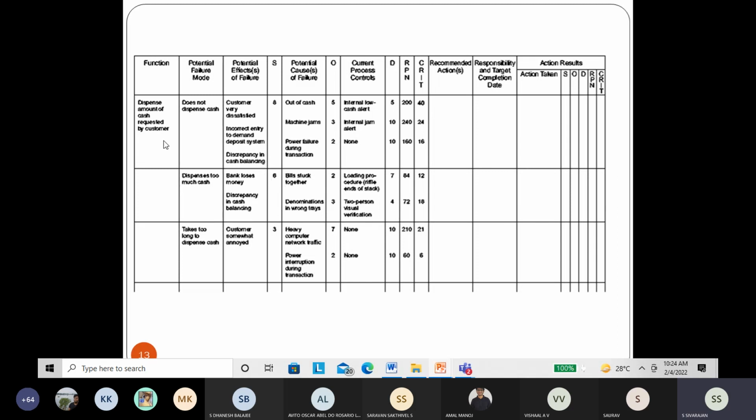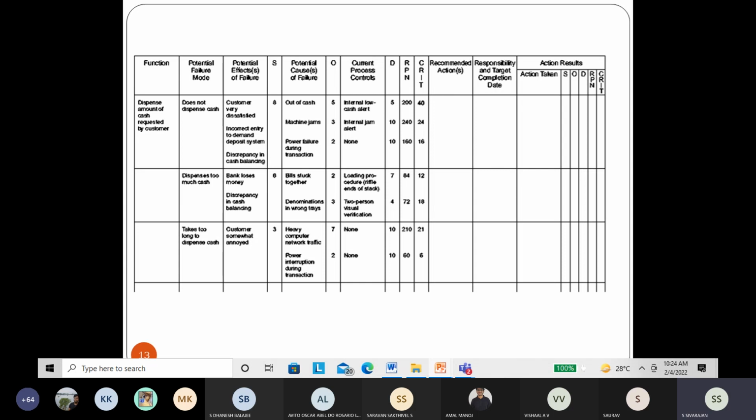We have to see from the customer point of view also. Why is it dispensing too much cash? The currency notes are stuck together. Many times this will not happen in an ATM nowadays. In the last 5 years, all ATMs have been redesigned, because initially there was some problem, and after demonetization we are going for new notes.